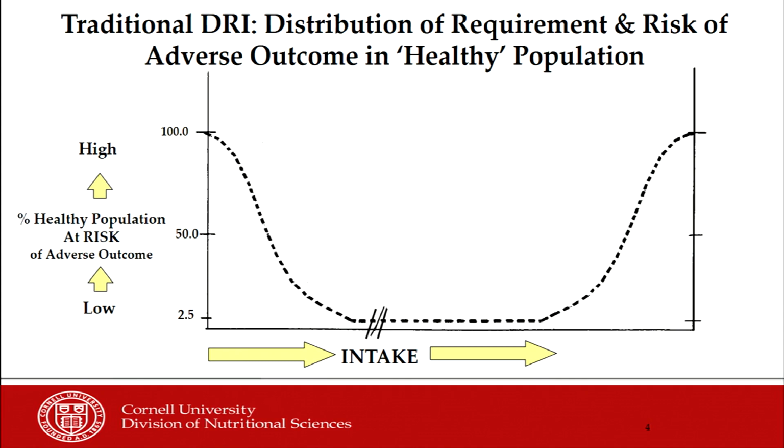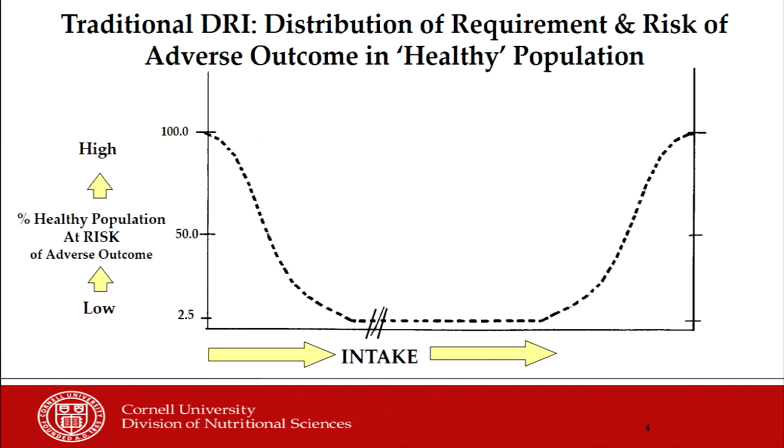So the traditional DRI, and I'm framing it this way because I'm not going to speak about the recommendations of the guidelines for considering chronic disease endpoints, which propose another way of looking at this in addition to the traditional DRIs. But the traditional DRIs really reflect a distribution of requirements and risk of adverse outcomes in a healthy population.